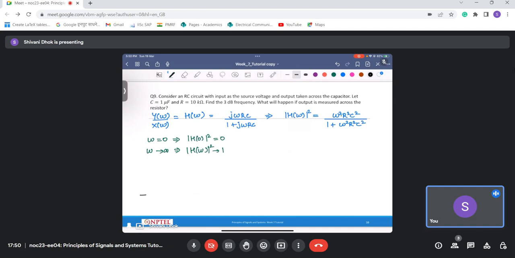If I draw this, this is my omega axis and this is the magnitude of H(omega) squared. At 0 it is 0 and it will extend to 1 as omega tends to infinity. Similarly, this is valid even for minus infinity, because it is omega square, so it will tend to 1. So again, this will also be something like this.